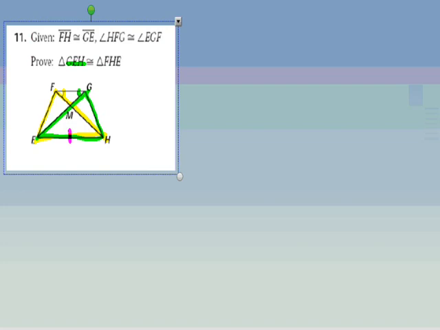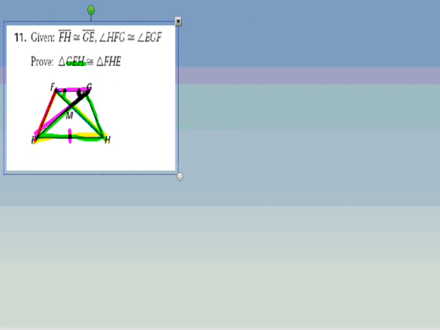Now, I do have, so again, I'm going to start switching colors here. Bear with me. I have this side and this angle, and then I have this side and this angle, and then they share this side. So I can prove that that triangle is congruent to this triangle, right? I do have enough information to do that.